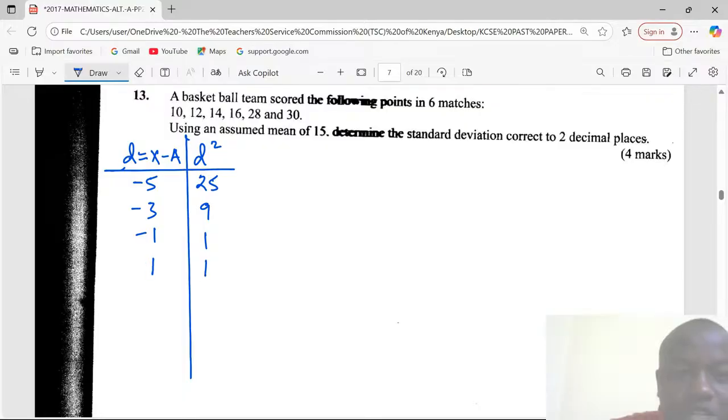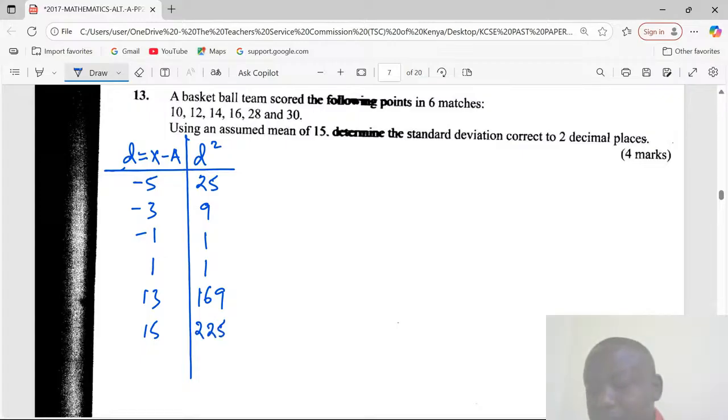When squared, we get 1. 28 minus 15 gives us 13. When this is squared, we get 169. Then finally, 30 minus 15, which is just 15. When we square 15, I'm getting 225. So we have all the deviations, then squared.